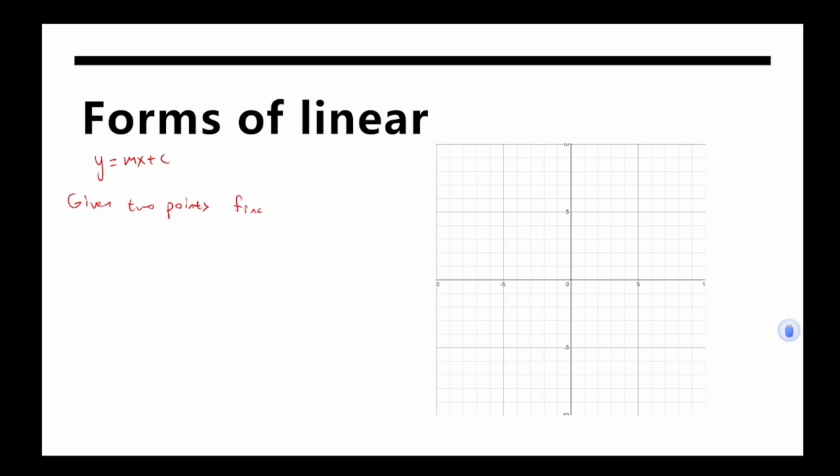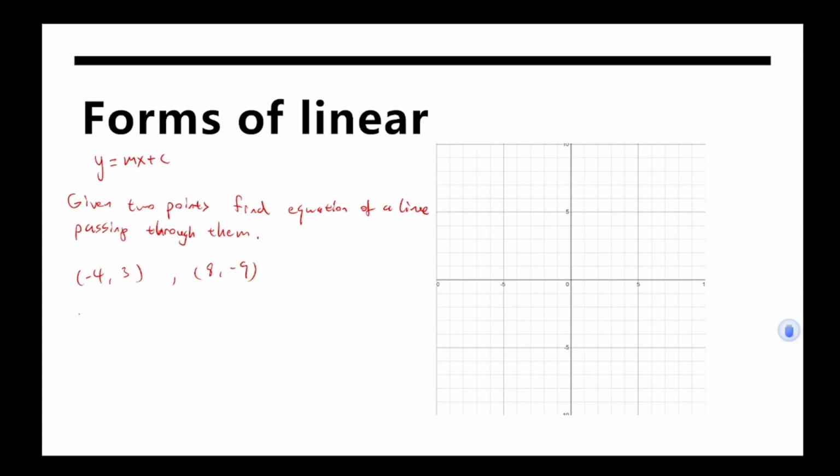Now sometimes you could be asked, given 2 points, find the equation of a line passing through them. For example, we have negative 4, positive 3, and 8, negative 9.